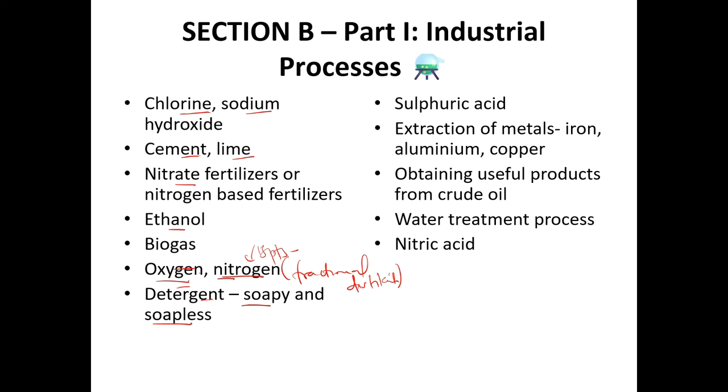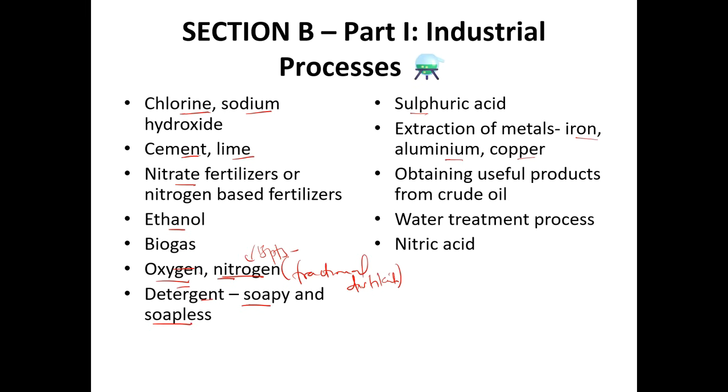Instead, according to the question, that is why they want the large scale. So large scale, it is industrial, and therefore it needs industrial manufacture. Then we have sulfuric acid, extraction of metals like iron, aluminium, copper.